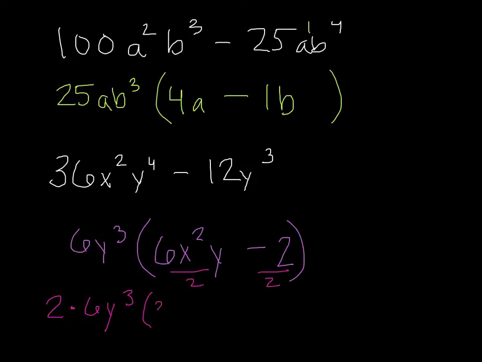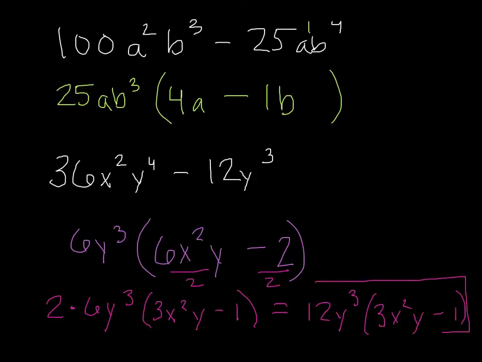That's going to give me 3x squared y minus 2 divided by 2 is 1. So my final answer in hot pink over here should be 12y to the third times 3x squared y minus 1. This whole thing should be the final answer.